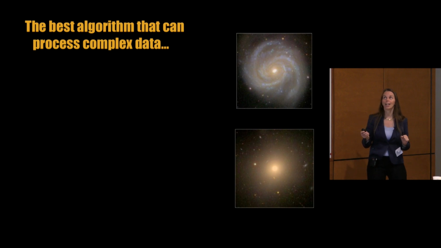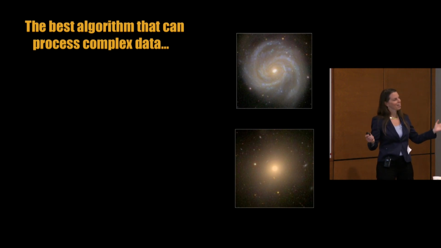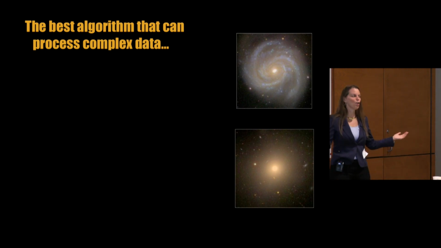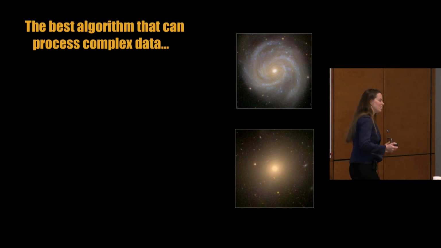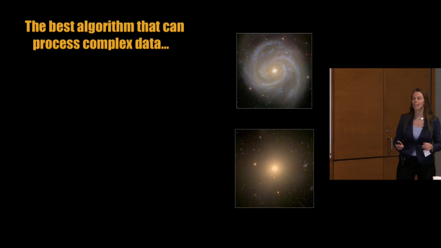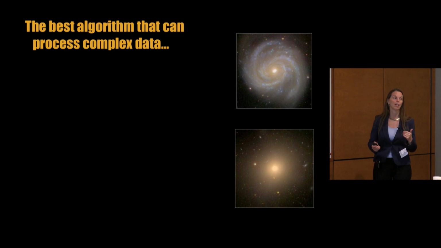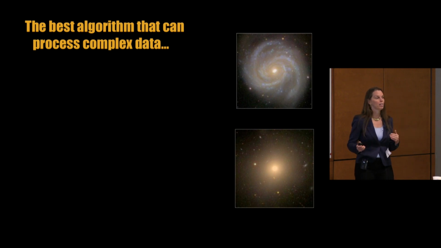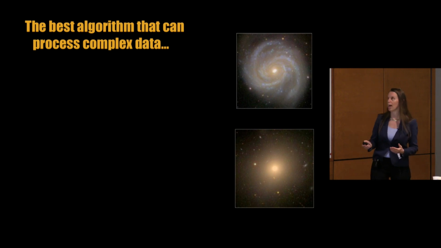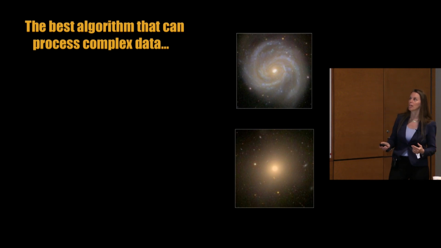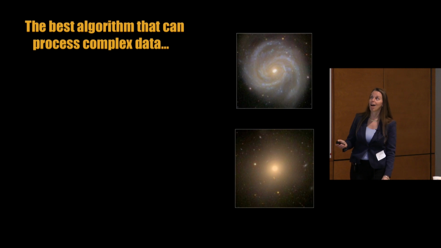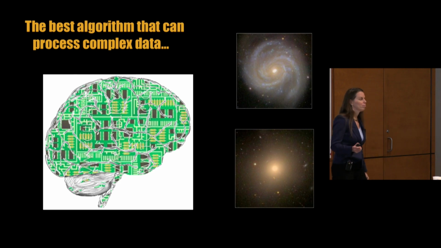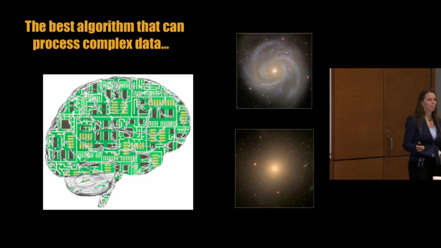But every single galaxy is like a snowflake. It's its own character, its own fingerprints. Okay, so they're unique, and therefore it is nearly impossible to write a computer algorithm to determine whether a galaxy is a spiral or an elliptical. So the best algorithm that can process complex data is that. Okay, it is the human brain.